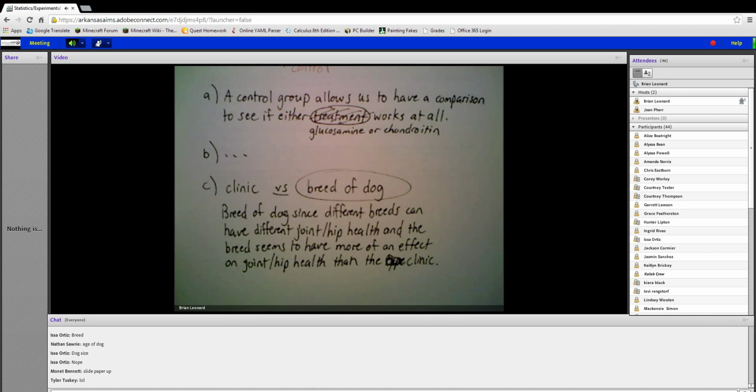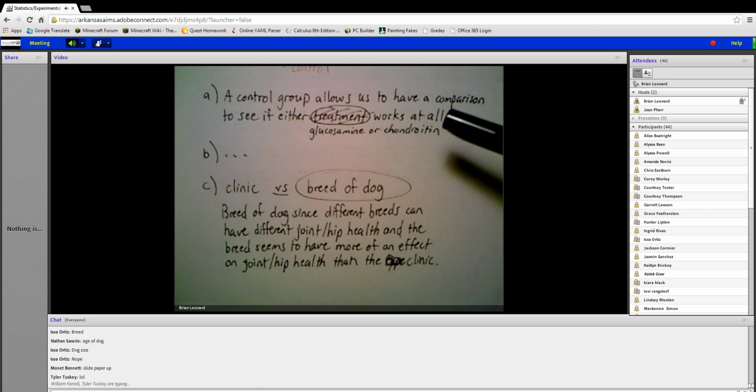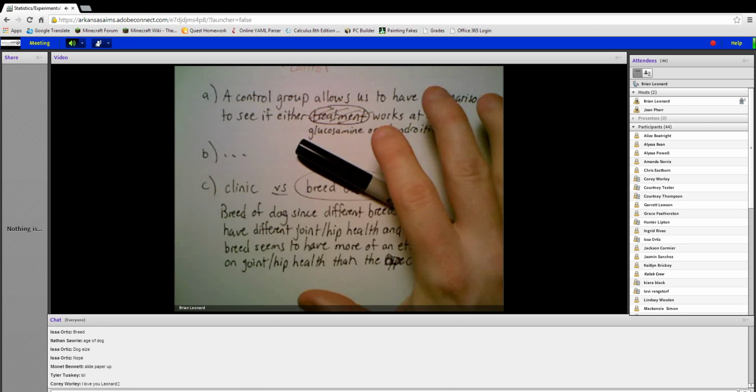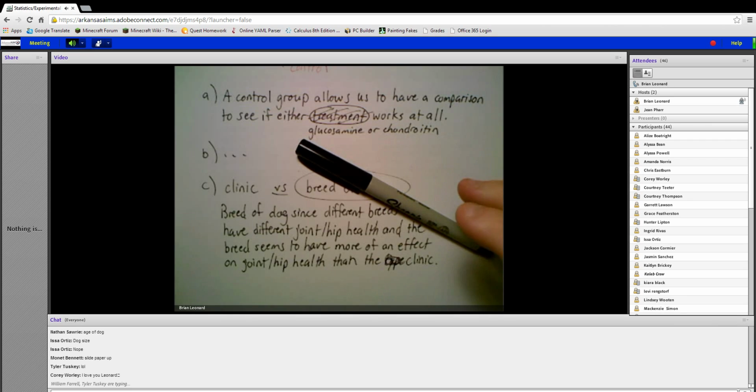But there's tons of them out there. I hope that the little review that we've done, kind of going over the terminology, has helped.